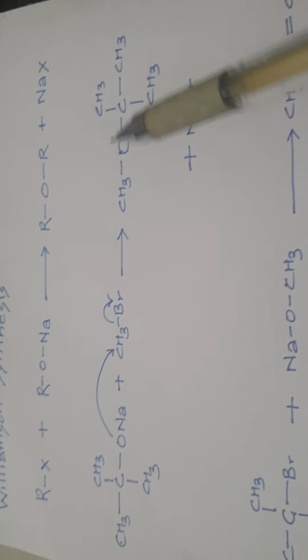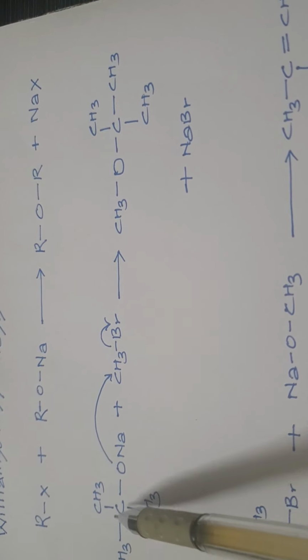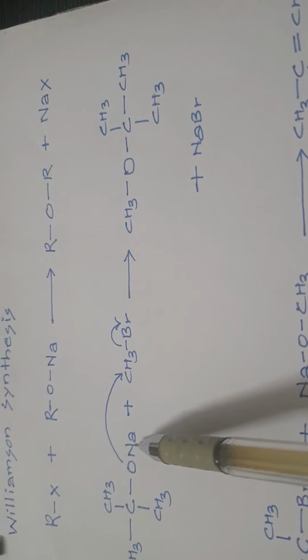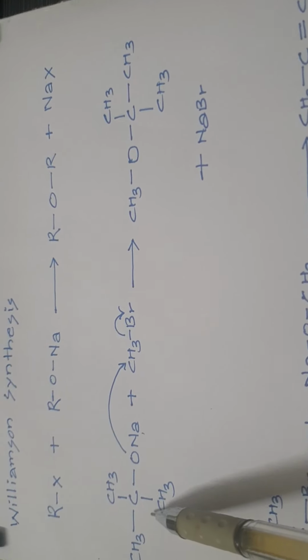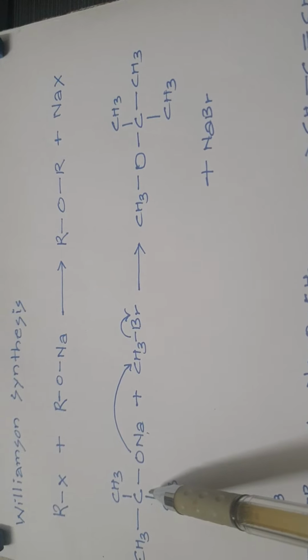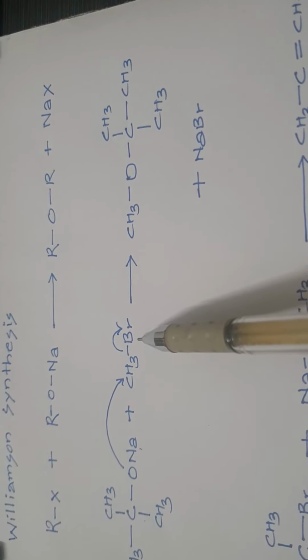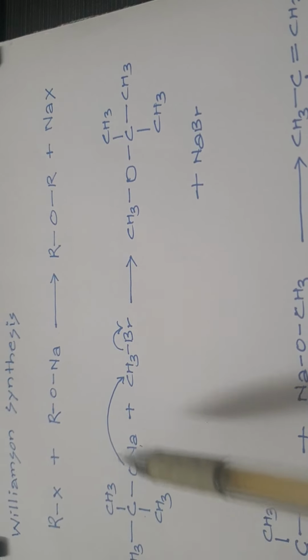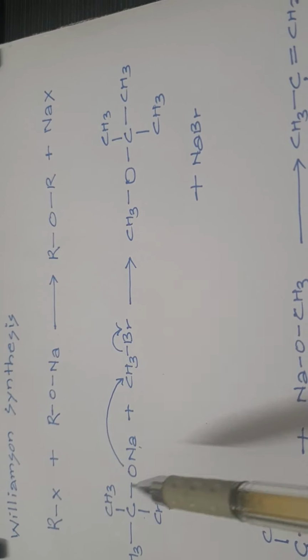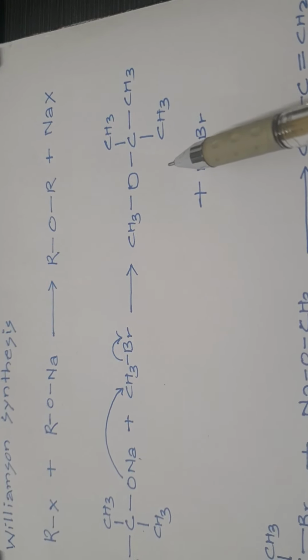We have another example over here. Now look at it. This is a tertiary group. So this one is sodium tertiary butoxide. So this one is the compound which we are having, goes to react with methyl bromide. I am using a common nomenclature over here, methyl bromide, thus giving us ether as our product.